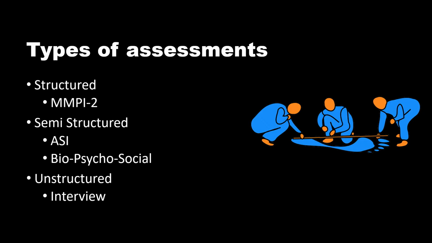A semi-structured inventory, such as the ASI, Addiction Severity Index, or Biopsychosocial Inventory, consists of questions to be asked, but when the interviewer gets yes answers to some questions, they will follow up by requesting more information and write that information into the comments section.